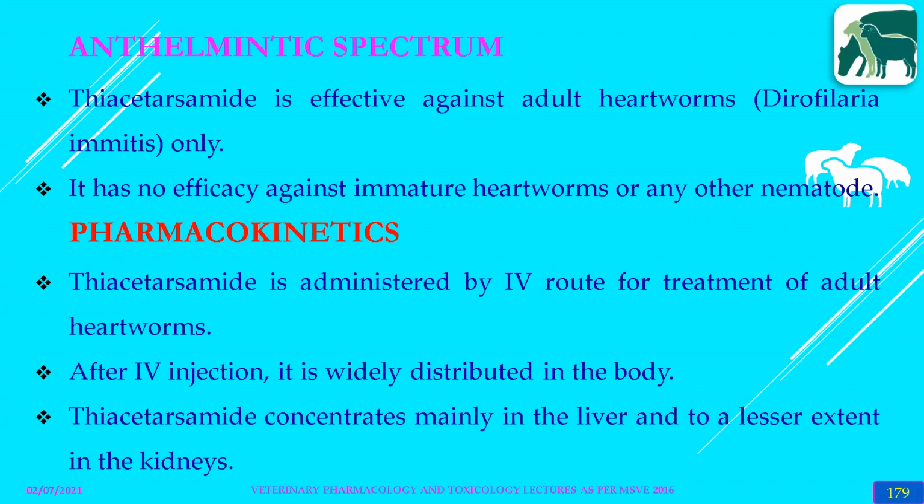But one needs to be very careful, because a fast IV injection may also cause the death of the animal. And thiacetarsamide concentrates mainly in the liver and to a lesser extent in the kidneys. It is not going to be accumulated anywhere other than the liver, because the metabolism needs to happen in the liver only.